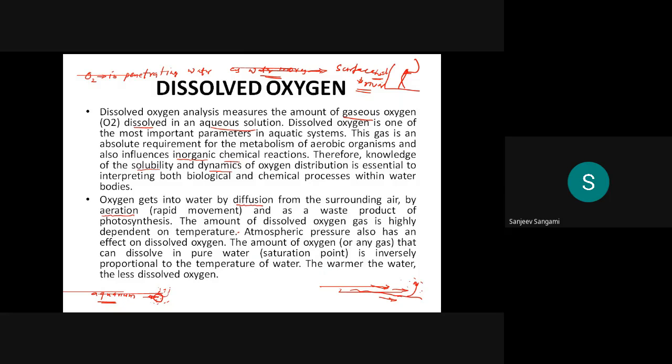So then the amount of oxygen depends on the temperature that we already discussed: the warmer the water, the lesser the oxygen. Here one very important thing is the saturation point.